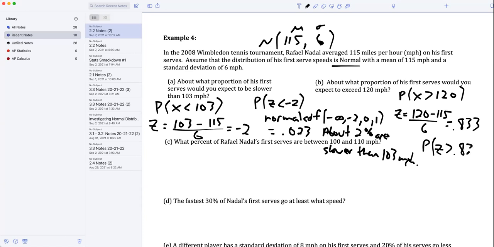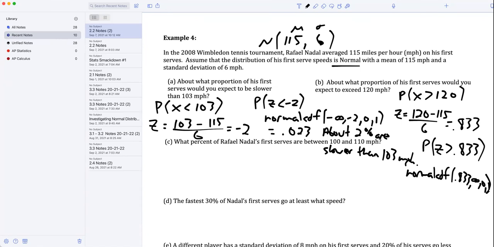I'm going to take that and make that my lower bound for normal CDF: 0.833, positive infinity, 0, 1.